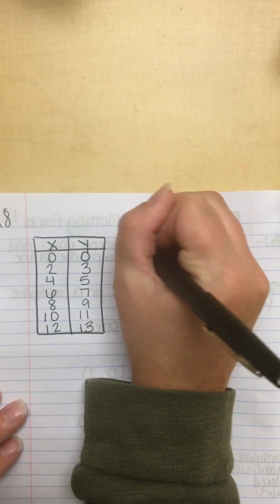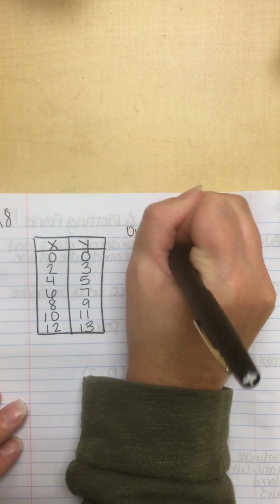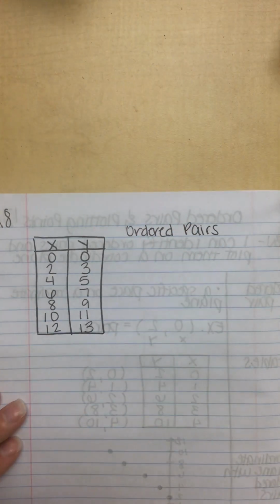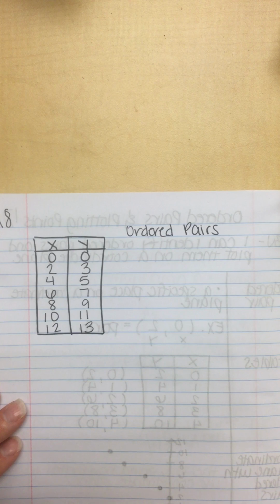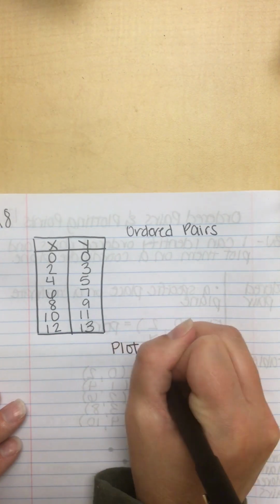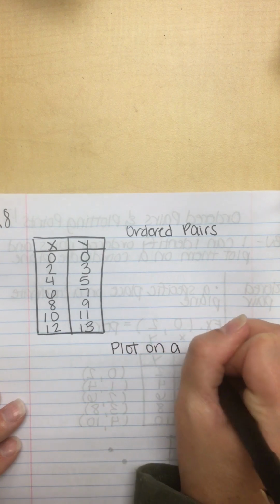Okay, so here is your table. You need to find all the ordered pairs. Make sure you write them correctly. Then you will plot them on a coordinate plane.